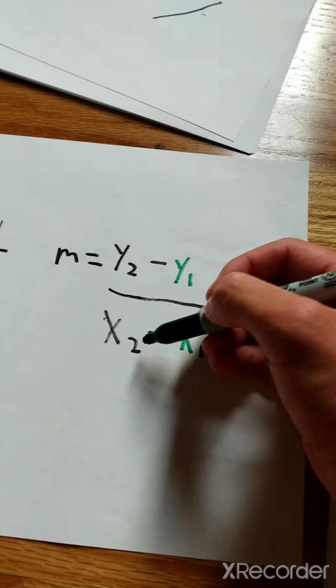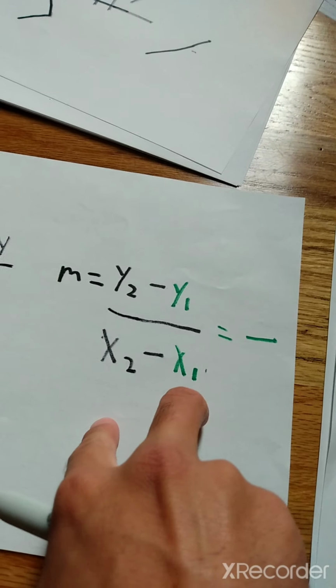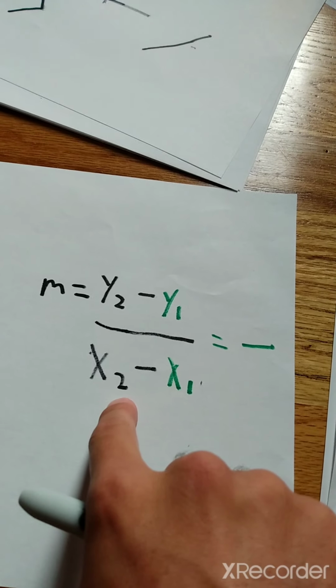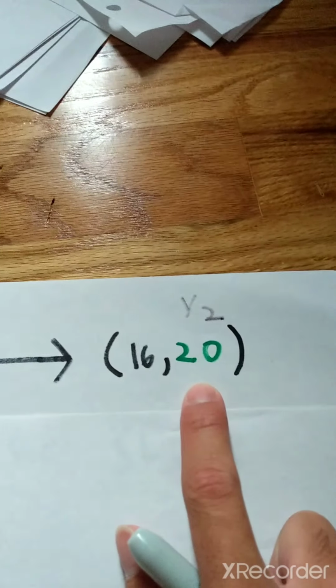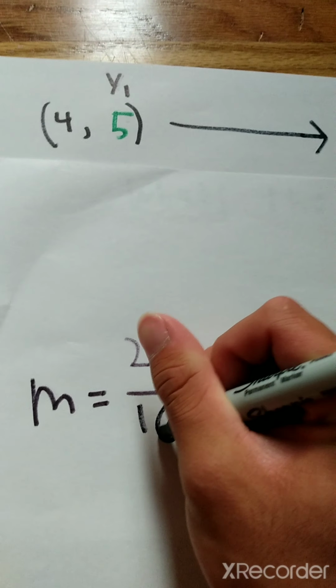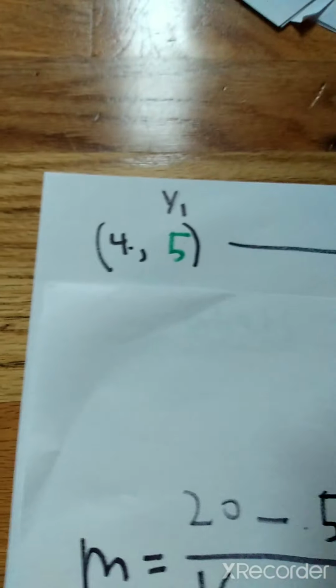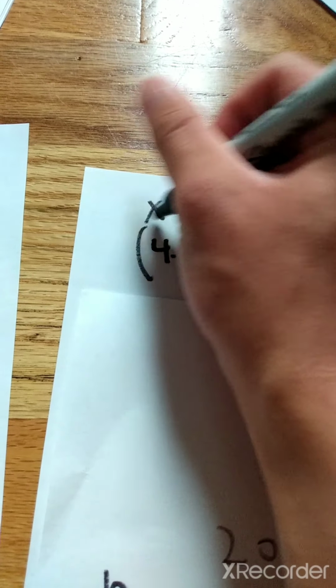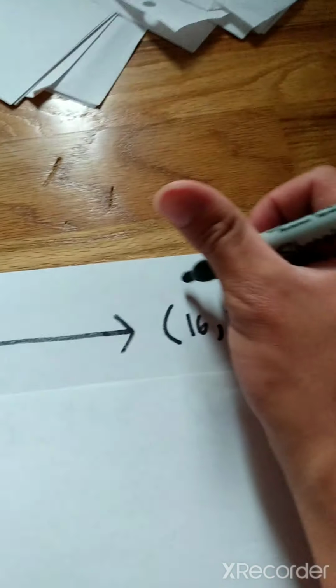Now we have to insert the information for both x's. x2, the second x, is your second point on the graph, so 16 is going to be right here. Then we subtract 4. That is our first x.